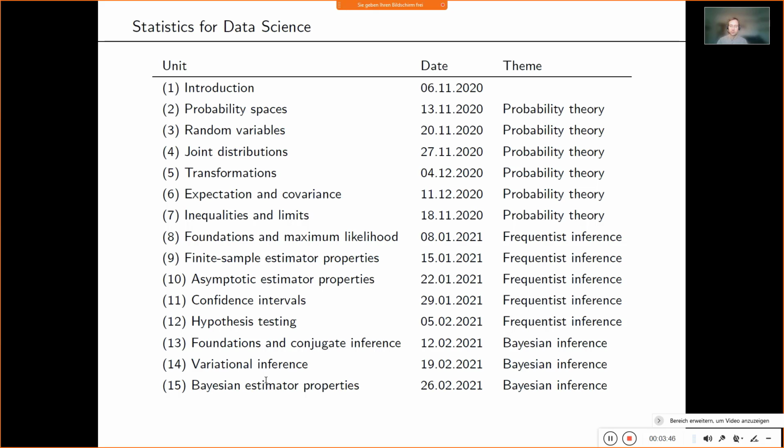So I focus on more Bayesian core topics here, but also talking about variational inference. And then in the end, to make this parallel, so that you can talk about the properties of estimators both in the Bayesian and the frequentist setting, I included a new section on Bayesian estimator properties. And so that's the outline.